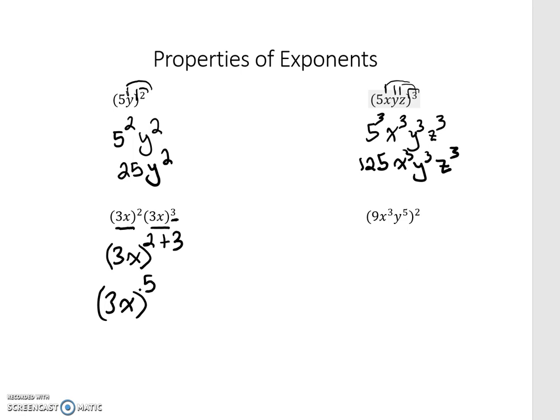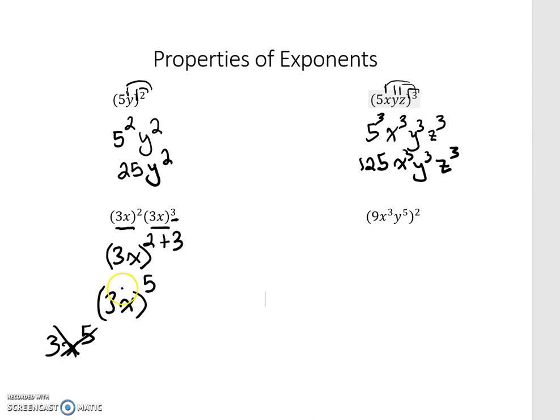If you dropped the parentheses, you would have 3x raised to the 5, so it would look like this: 3x to the 5, which has the 5 only being applied to the x, and that is not correct. So I'm going to go ahead and cross that off so that we remember that is not what we're working with. And now we have parentheses with an exponent on the outside.